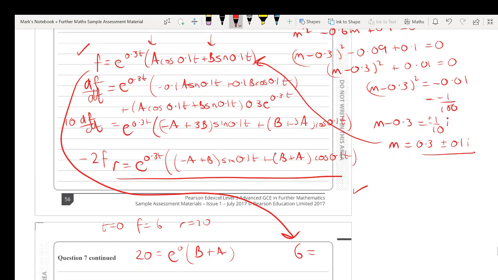And it was just a cos 0.1t, because t is 0, that all goes. So 6 equals a, because t is 0, and that's 0, so 6 equals a. So if 6 equals a, that means that b equals 14. So a is 6, b is 14. Let's continue that.